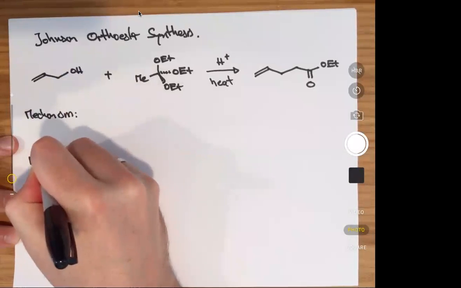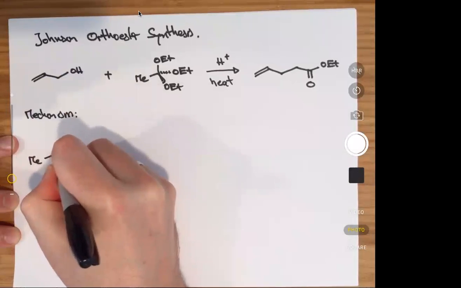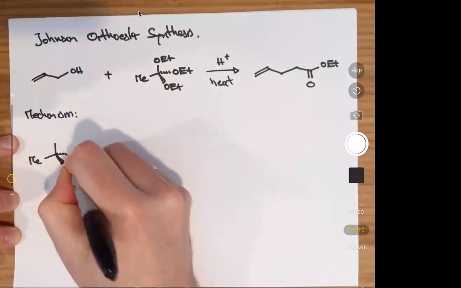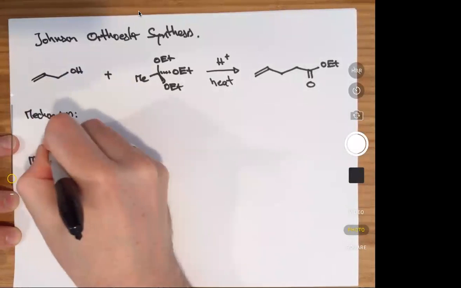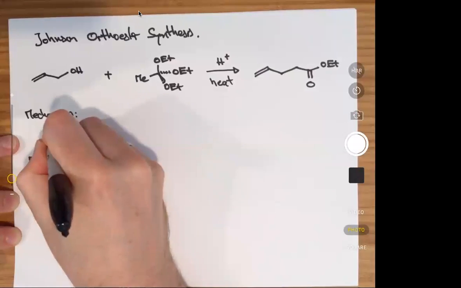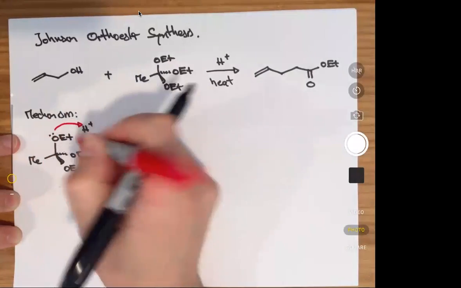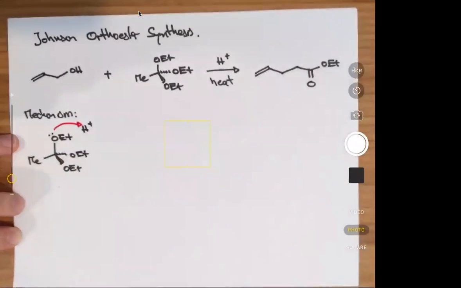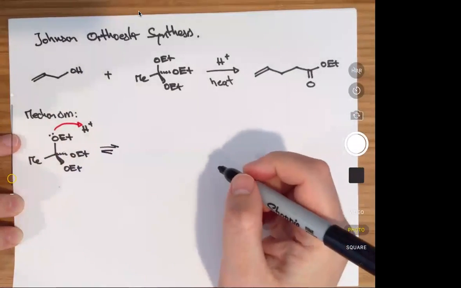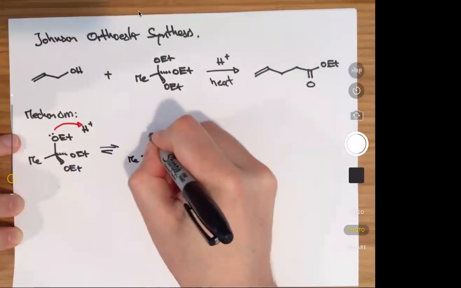This is chemistry that we have seen many times as part of the first third of our semester. So OEt, OEt, OEt, and if I have a proton here, a lone pair from this oxygen can attack this proton, and we get an activated species. That's just a very simple protonation, and I can draw this out.